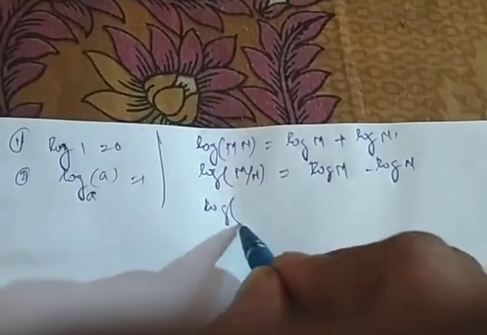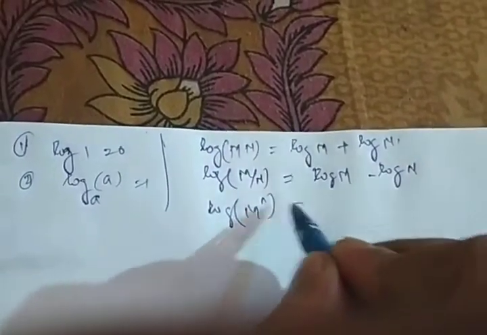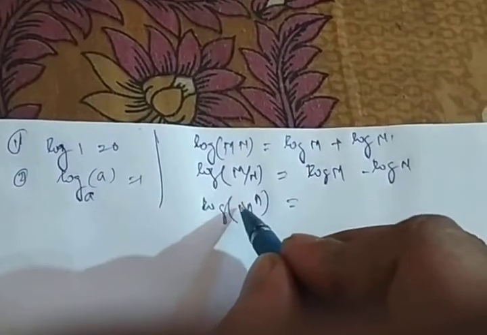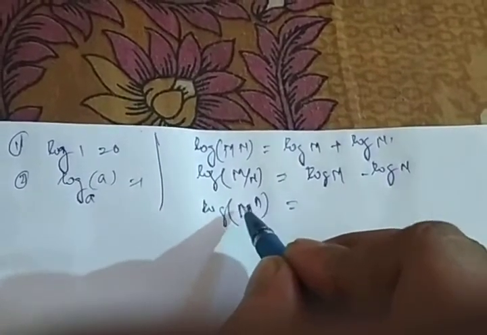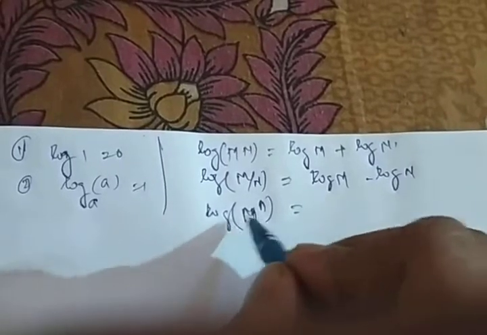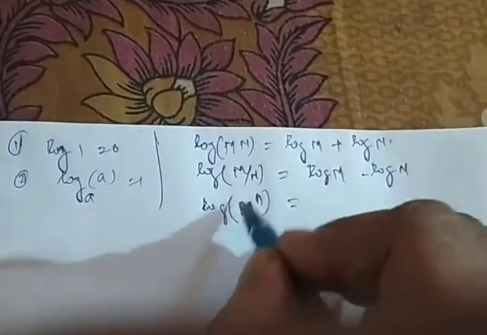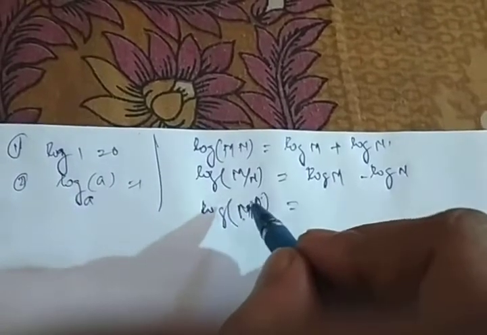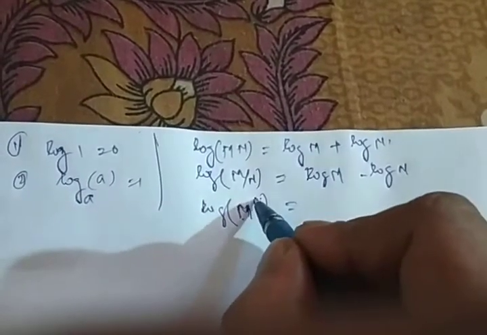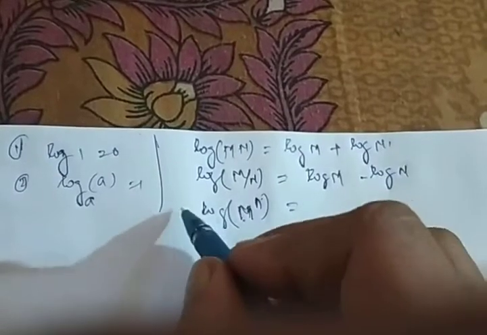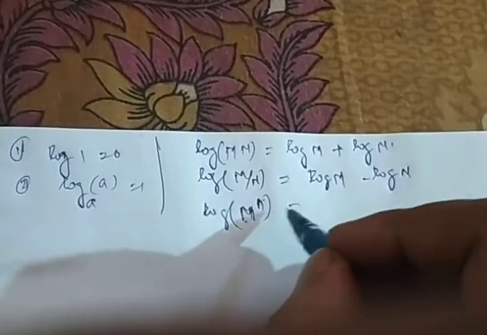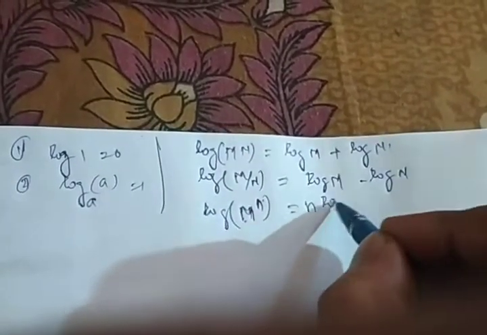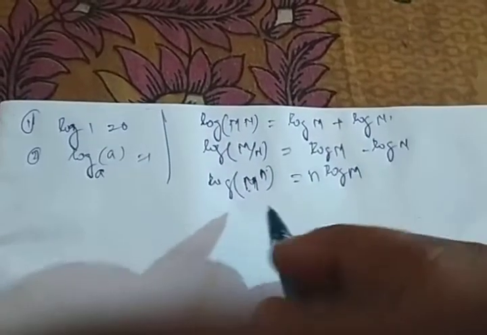Next, log of m to the power n. Now whenever the value of the logarithm is written in the form of power, then the power will be taken out in the front of the logarithm. So n log m.